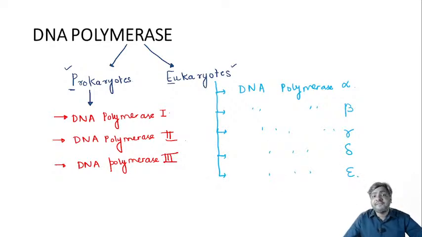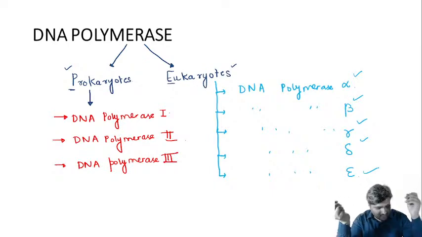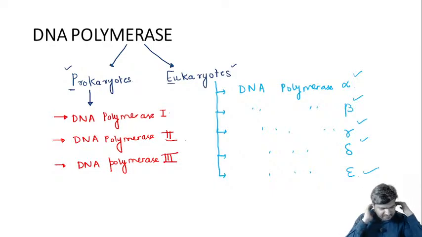So we have 5 types of eukaryotic DNA polymerase. We will discuss all these in detail. So kindly make this table: DNA polymerase is categorized into 3 types in prokaryotes and 5 types in eukaryotes.